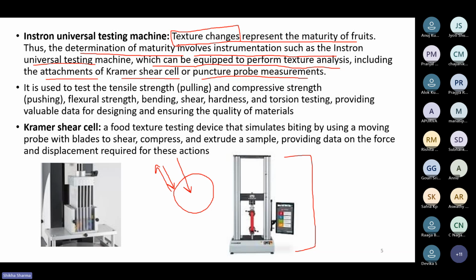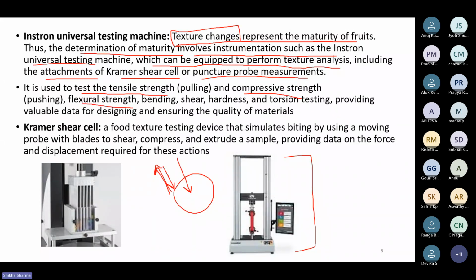So in the compression test we measure the force applied by the fruit in response to the force applied by the probe. Then it is used to test the tensile strength or the compressive strength.